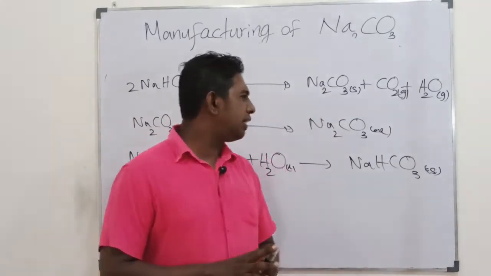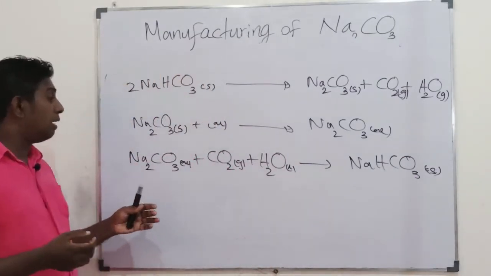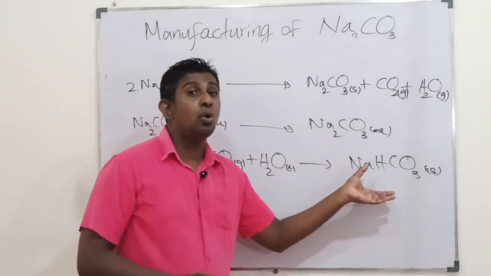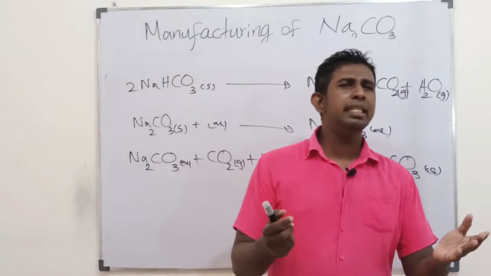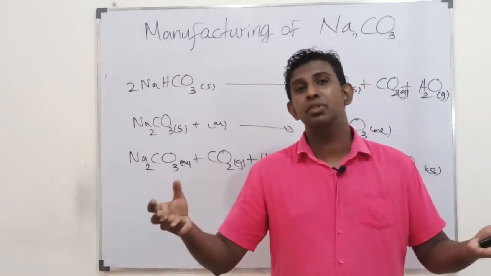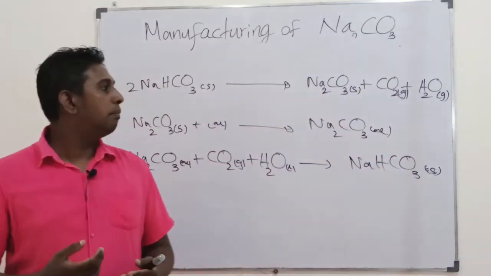Then students, you could manufacture baking powder with this baking soda. How? You could mix either sodium or potassium nitrate with tartaric acid and this sodium bicarbonate to manufacture baking powder.